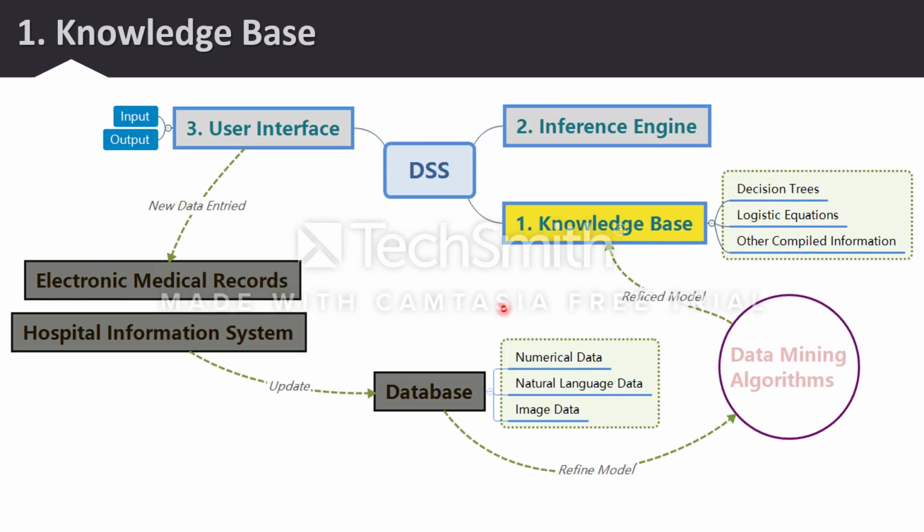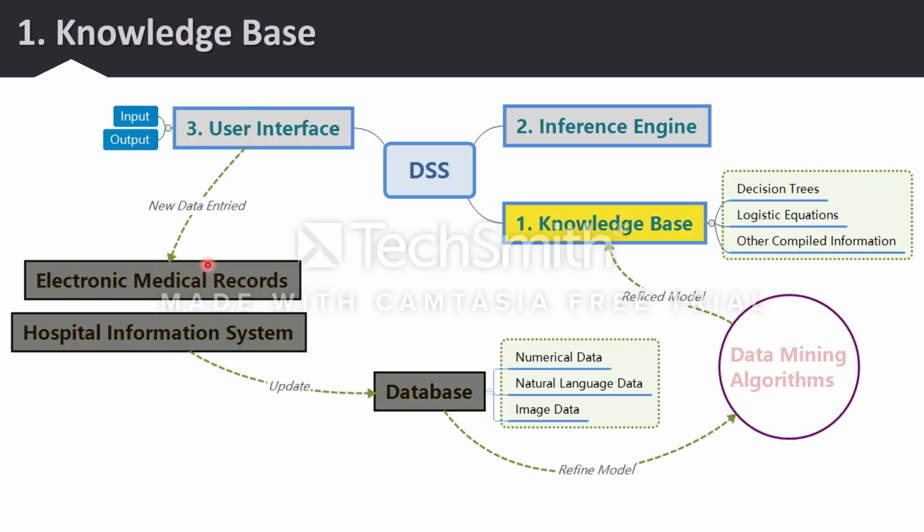The first part, knowledge base. It consists of compiled information in various forms, such as if-then rules or logistic equations. And this knowledge base is not static, it is dynamically changing. When the system accepts new data, it is added into the EMR or hospital information system by the user interface.